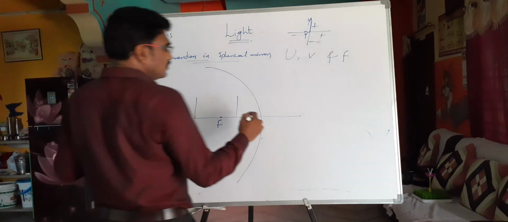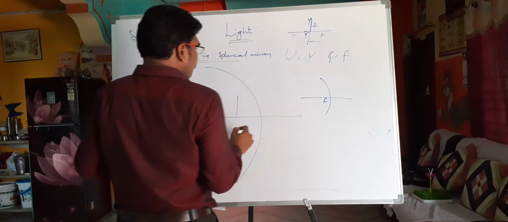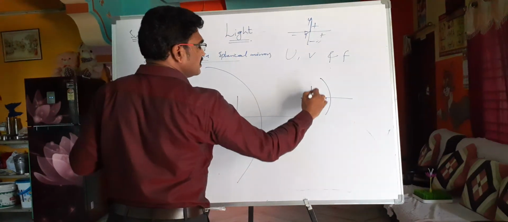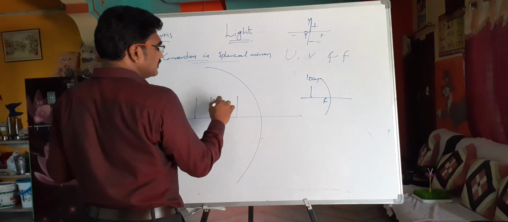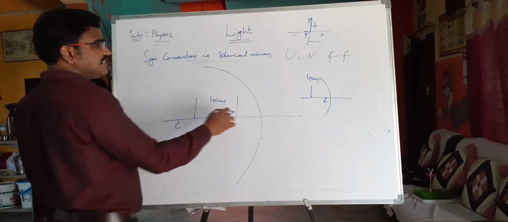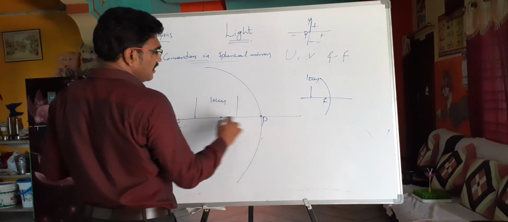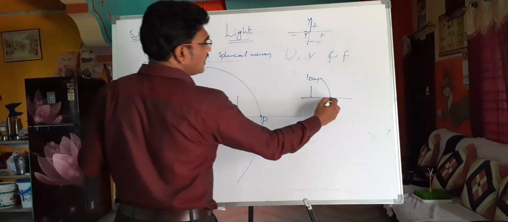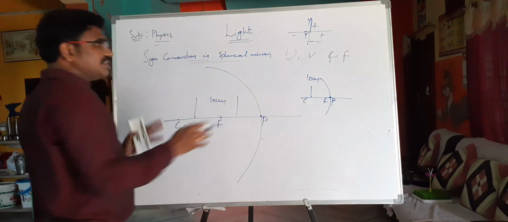Here you see, from this mirror a person is standing at 10 centimeter, and from this mirror also the person is standing at 10 centimeter. But when he is standing at 10 centimeter, he may fall between P and F, while if he stands here, he may fall between P and C. So variation will be there.